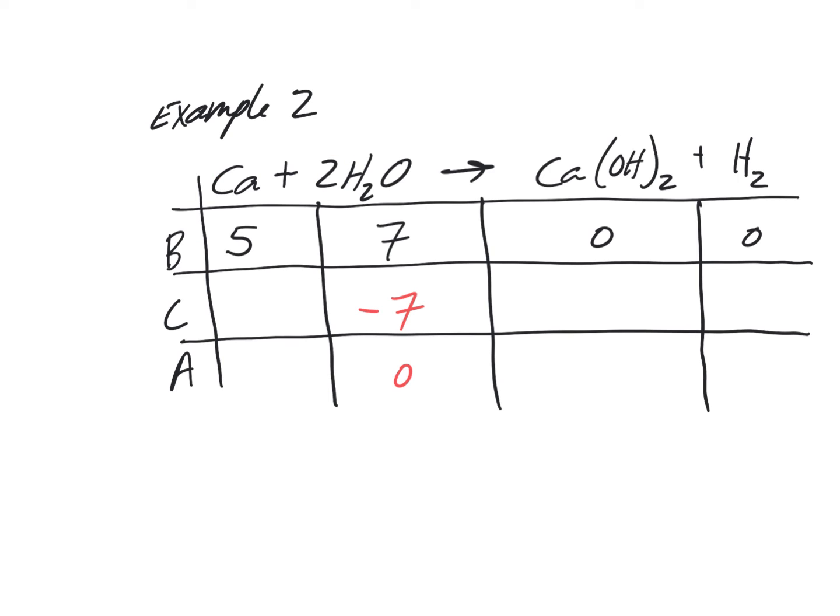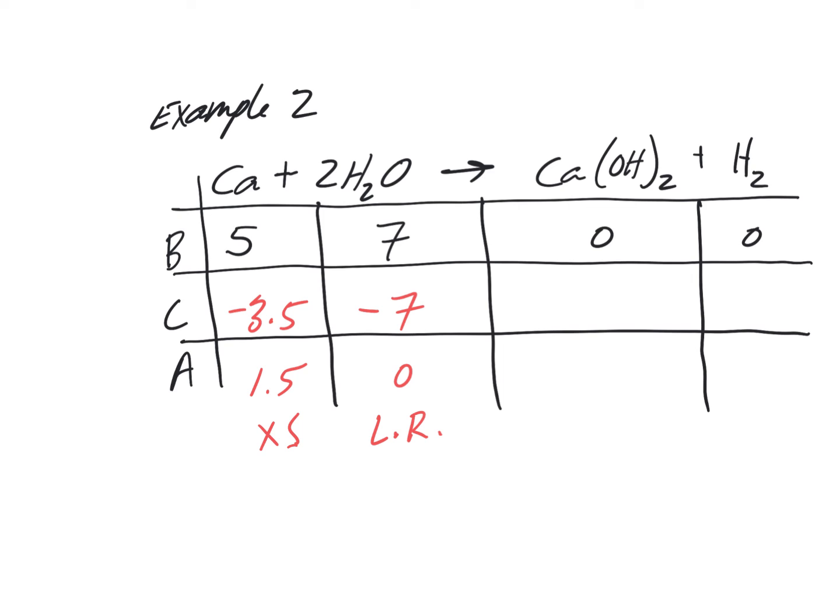So if I'm going to use 7 moles of water, I'm going to use 3.5 calciums. 3.5 is half of 7. And then I'm going to end up with 1.5 moles of calcium in the end. That will be in excess. And this is our limiting reactant.